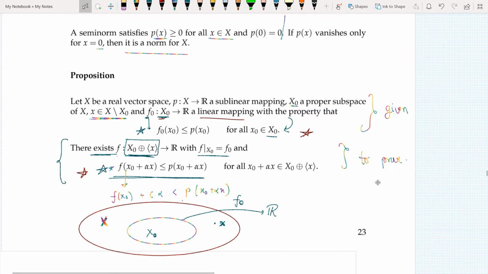Well, the special thing about it is that earlier my function was just defined on X naught, and now it is defined on X naught direct sum the span of x. So I just, so as to say, enhanced the capability of my functional. I extended it. Earlier it was just defined on X naught and now it's defined on X naught direct sum span of x. Now I'm going to make use of this property so as to prove Hahn-Banach.